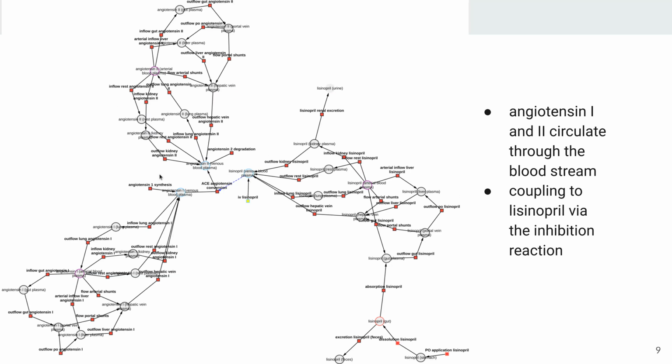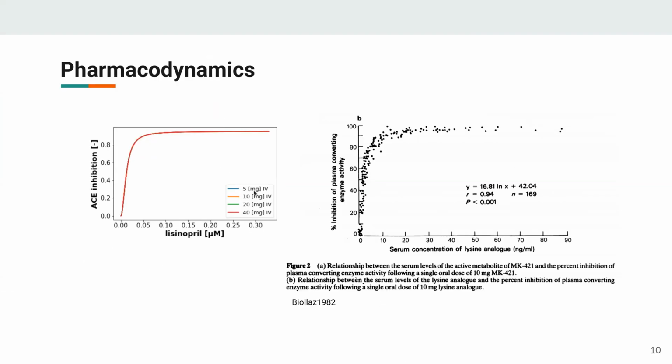And that's basically all we have right now from the pharmacokinetics, this part, which is pretty good. And the pharmacodynamic part is the simple circulation of these two small peptides, which are converted by the ACE enzyme. This curve looks pretty good.